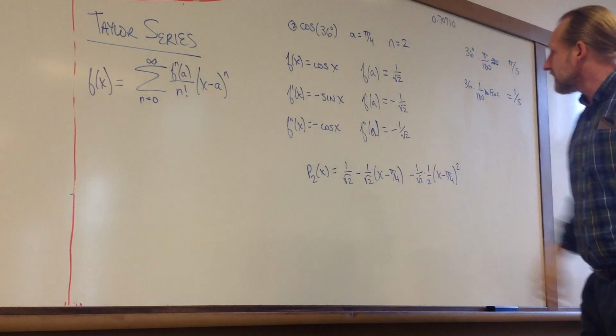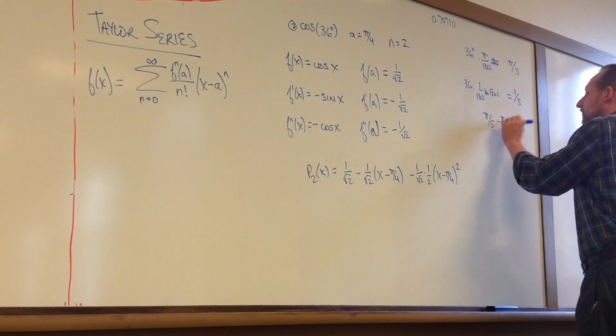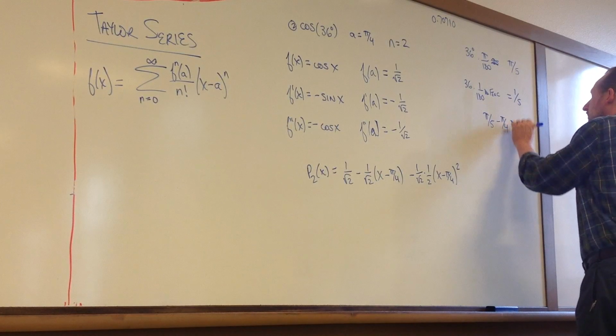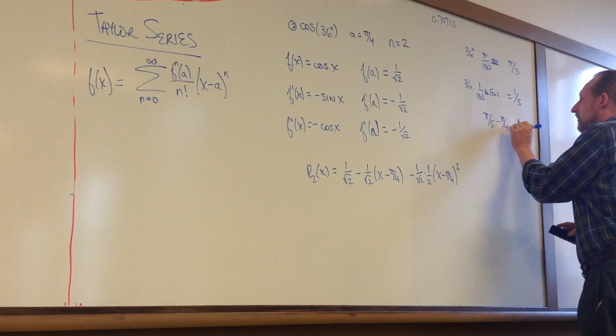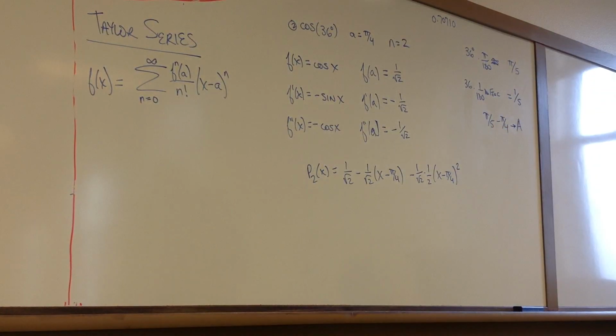So as we're plugging this in here, we're going to be doing pi over 5 minus pi over 4. I'm just going to store that. Let's see if you get that little arrow there on the calculator. I'm going to store that as the letter A. So let's see here.